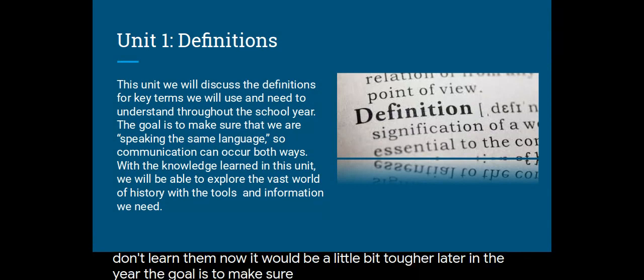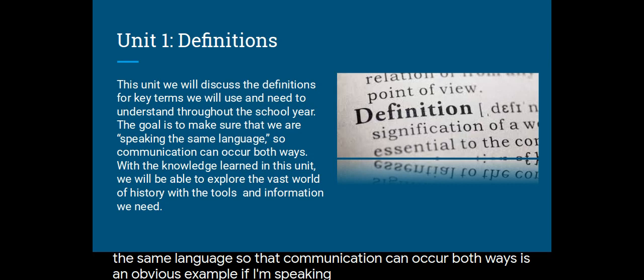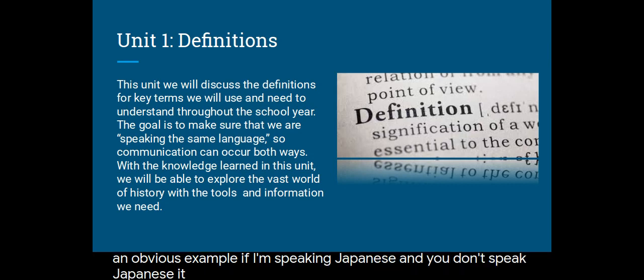The goal is to make sure that we are, quote unquote, speaking the same language so that communication can occur both ways. As an obvious example, if I'm speaking Japanese and you don't speak Japanese, it makes it difficult for us to communicate.